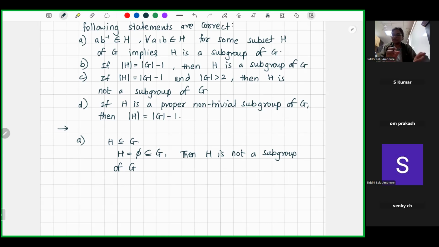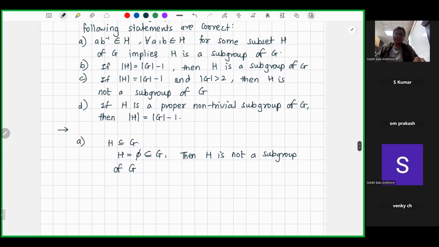I mean, the if part. But this does not give me that H is a subgroup of G, because for H to be a subgroup, I need to have identity inside H. The identity of G must be inside H. This is not happening when I consider H to be empty set.